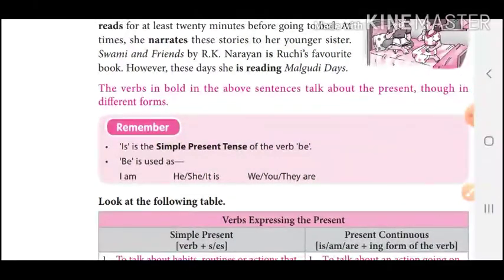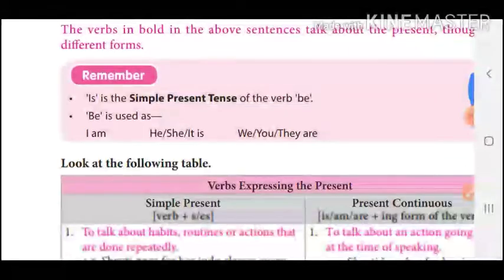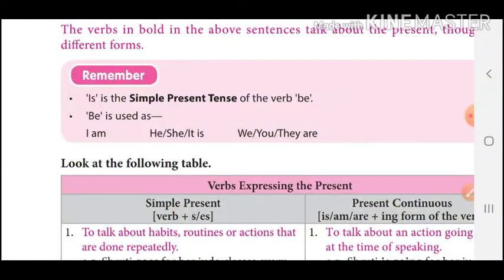Now come to the remembering points. Is the simple present tense of the verb be. So you can see here that be is used in different forms in simple present tense.